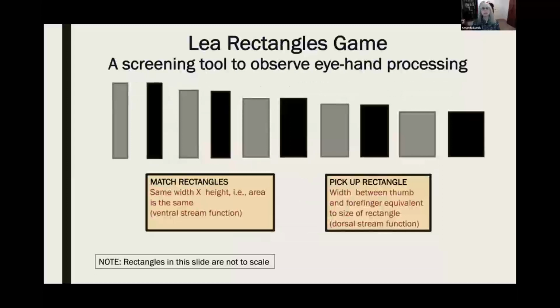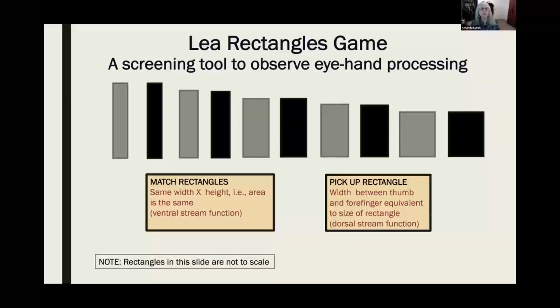Another way of looking at CVI is through the use of the Lea Rectangle Game. And this is a screening tool to observe eye-hand processes. So it's looking at CVI in yet another way.